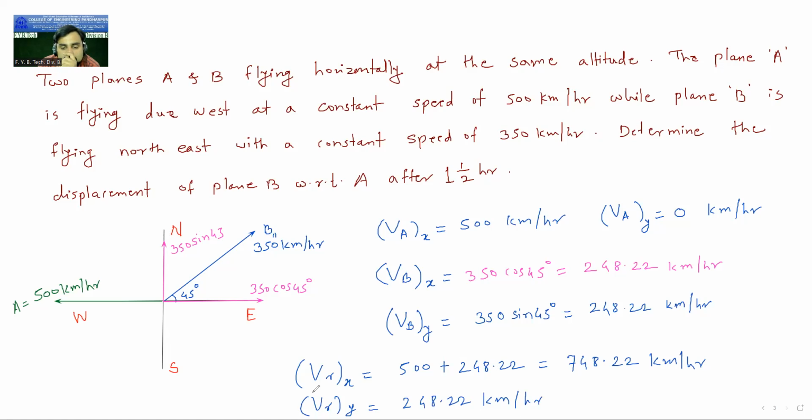Okay, so the relative velocity in x direction we have calculated, and the relative velocity in y direction we have calculated. Now calculate the relative velocity of B with respect to A. So the magnitude of relative velocity VR is equal to, how do we calculate?